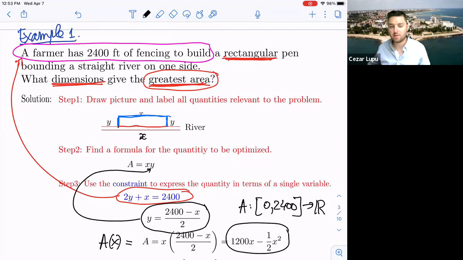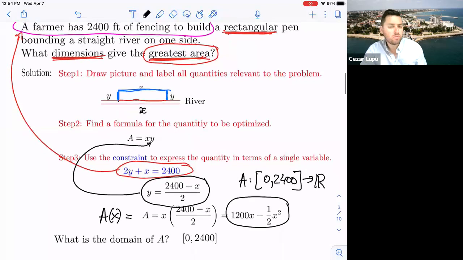So that's my function, and I need to maximize this. There are plenty of ways of doing this. You don't even need to use derivatives. You know where the max or the min of a quadratic function is, but you may not want to remember that. So maybe you will just take the derivative, set it equal to 0, and find the extreme point.